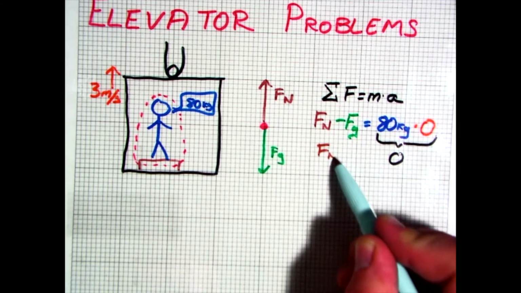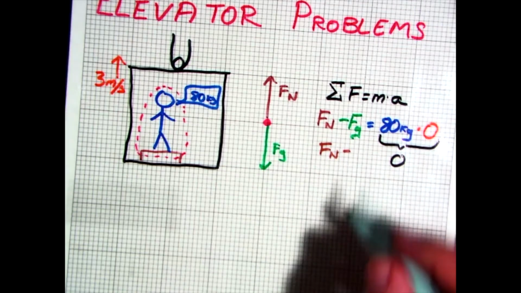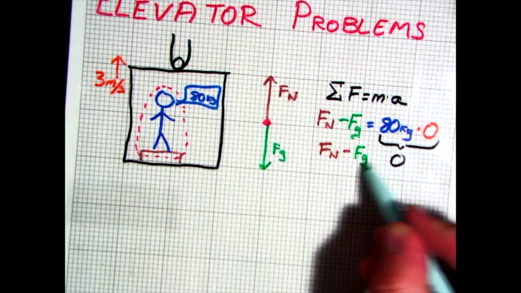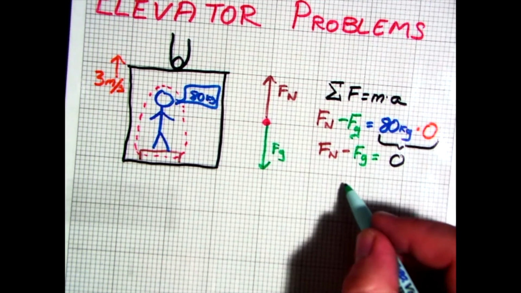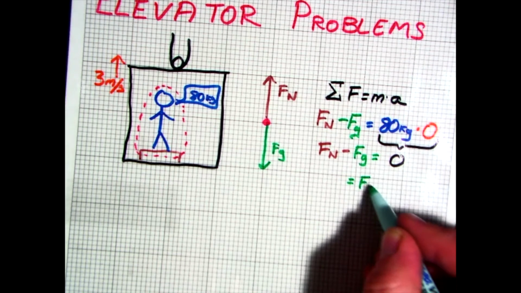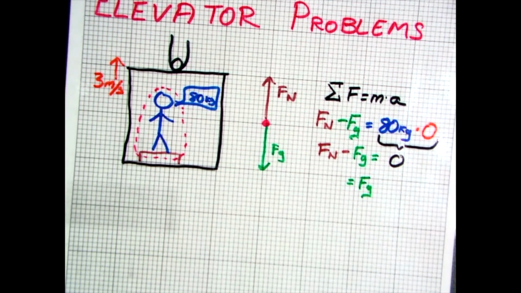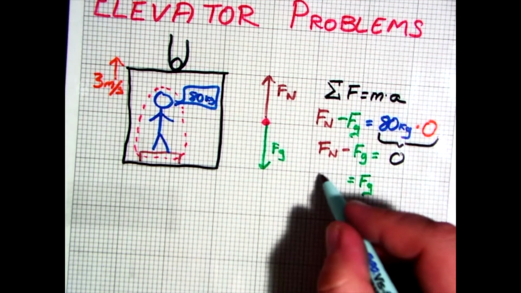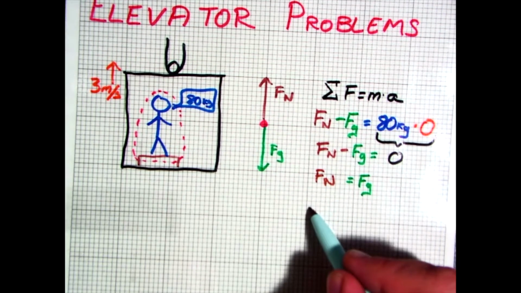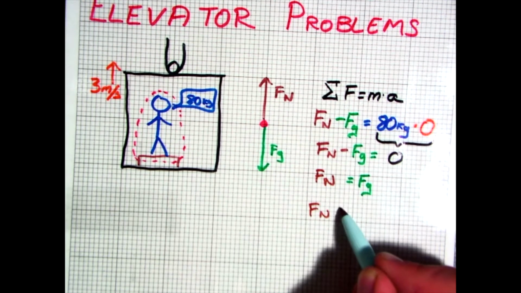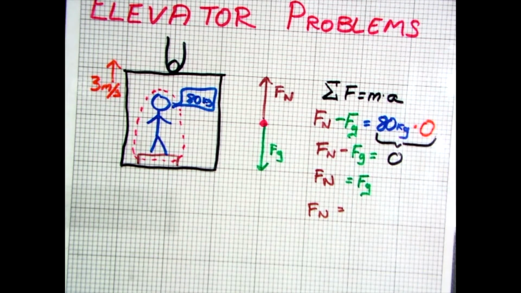So now we have force normal minus force of gravity equals 0. So rearranging this, we can say that force normal is equal to the force of gravity, albeit in the opposite direction.